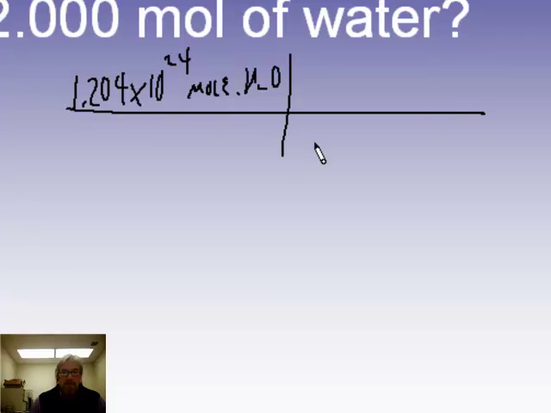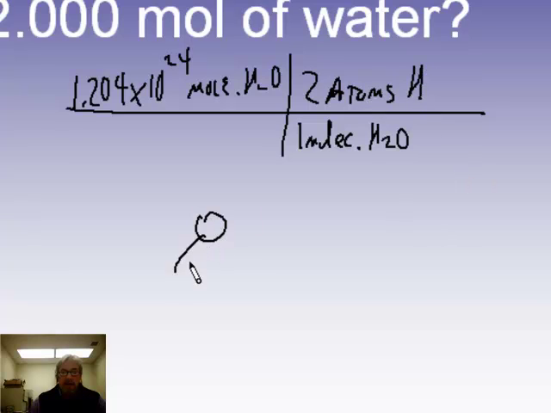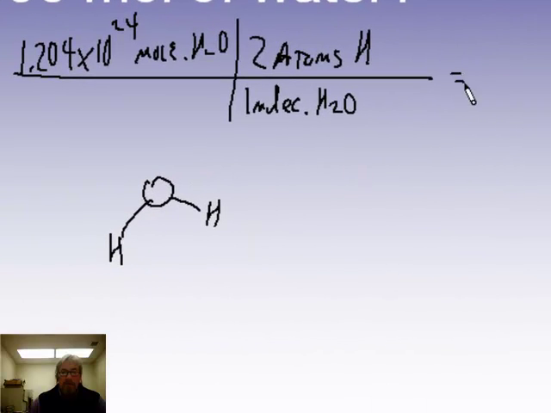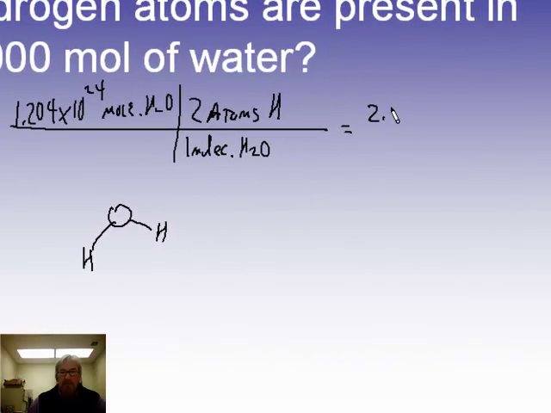There's 1 molecule of H2O for every 2 atoms of H, because a water molecule consists of an O and 2 H's. So now I'd have to double, and I come up with 2.408 times 10 to the 24th atoms of hydrogen.